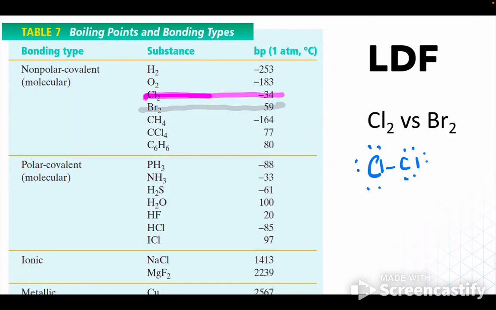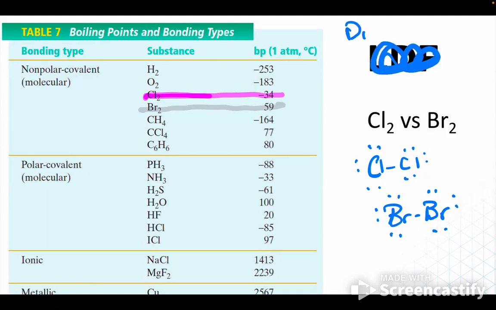The reason bromine has a higher boiling point is that it has stronger IMFs. They both only have dispersion forces, but the bromine has stronger dispersion forces because it's bigger. It has a larger number of electrons, so that when they move temporarily to one side or the other, they're going to have a greater partial negative temporary dipole.